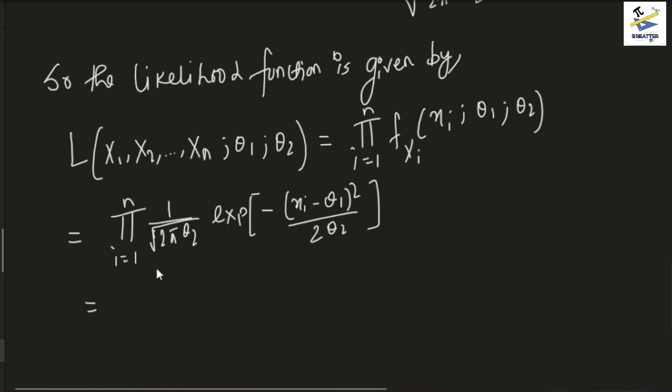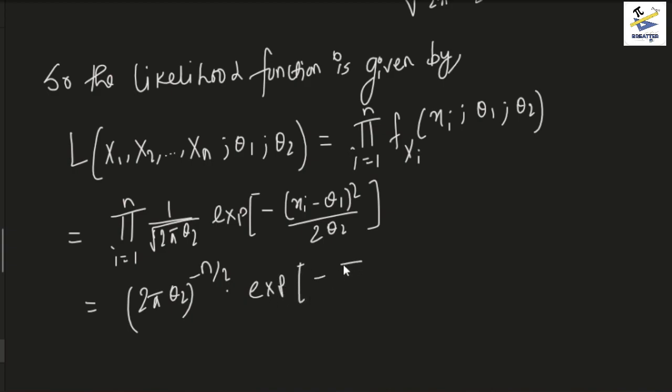Since 1 by root over 2 pi theta 2 is a constant independent of i, this is equal to 2 pi theta 2 to the power minus n by 2, and for the exponentials, the product of exponentials simply adds up the arguments, so it's basically the exponential of this, right?